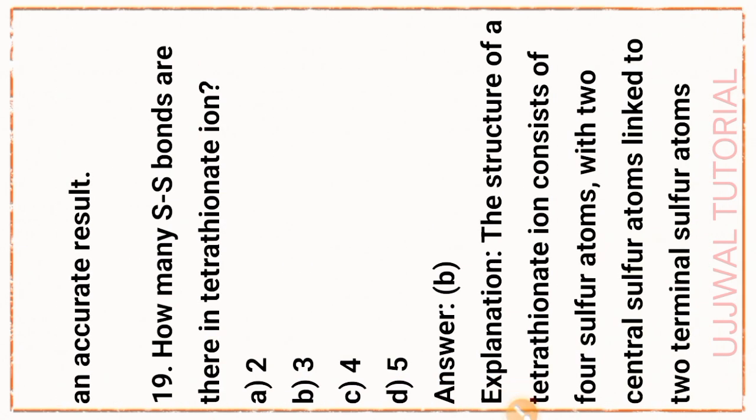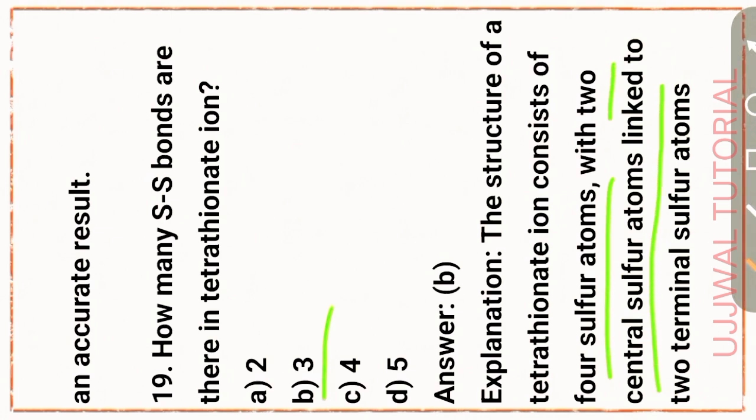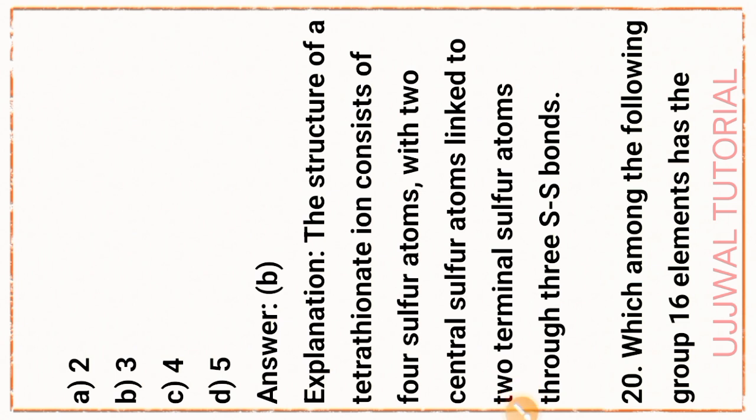Next question, question number 19. How many sulfur-sulfur bonds are there in the tetrathionate ion? Option B, that is 3. The structure of the tetrathionate ion consists of 4 sulfur atoms with 2 central sulfur atoms linked to 2 terminal sulfur atoms, through 3 sulfur-sulfur bonds.